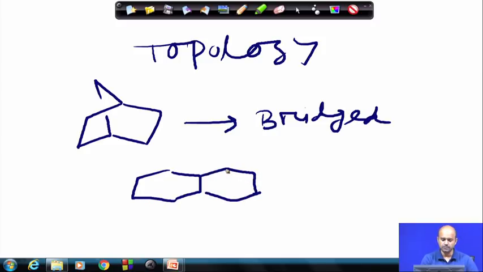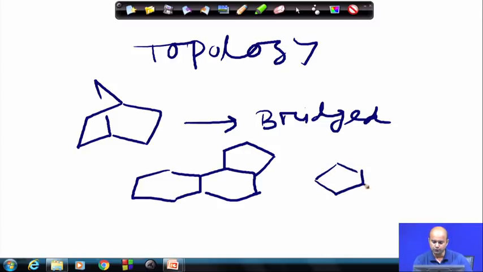You can have some extra topology, 2 cyclohexanes linearly fused with an angularly fused cyclopentane. There are topologies which are very useful: 2 cyclopentanes linearly fused, then you can have an angularly fused cyclopentane. These are called triquinanes. Those are basically naturally occurring products.